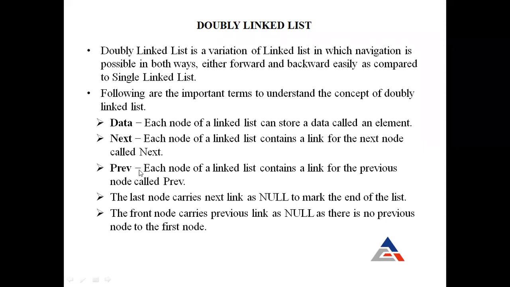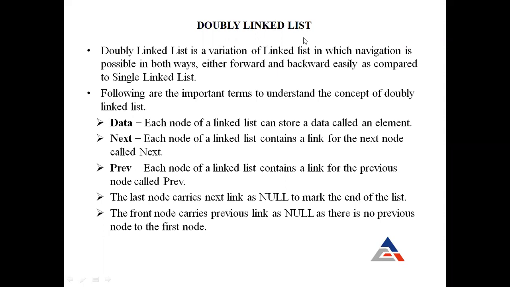Each node contains a link to the previous node, called PREV, and the last node carries the link called null to mark the end of the list, and the front node carries the previous link as null, as there is no previous node to the first node.